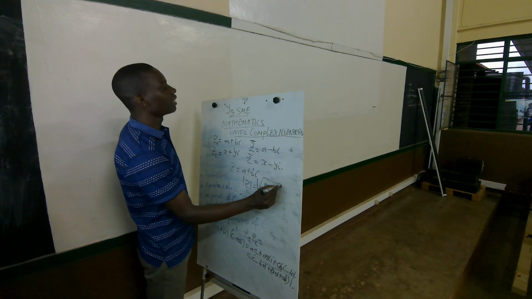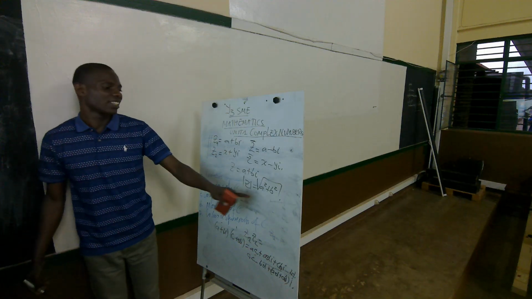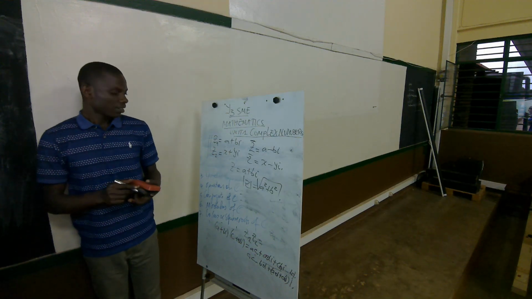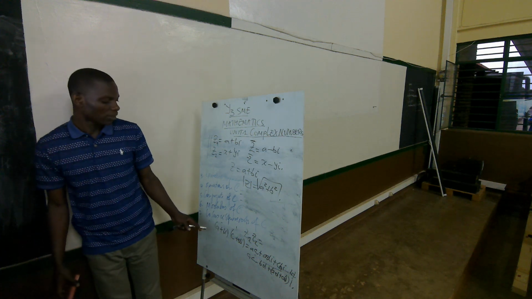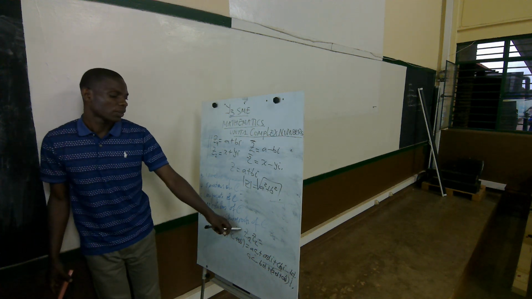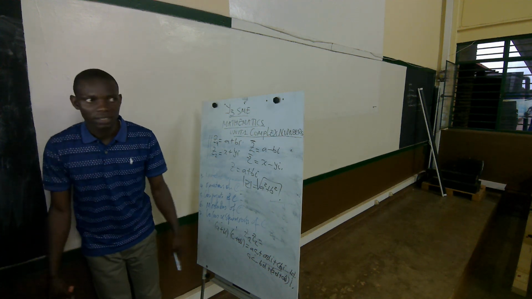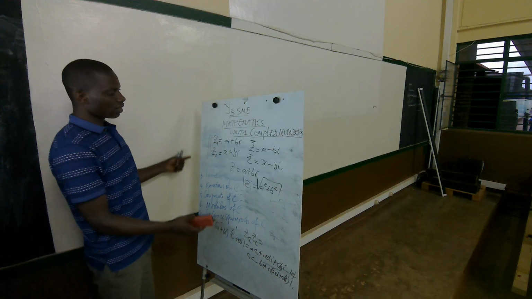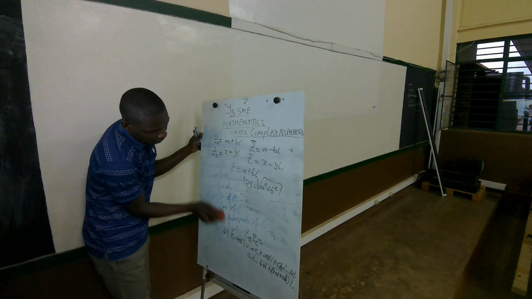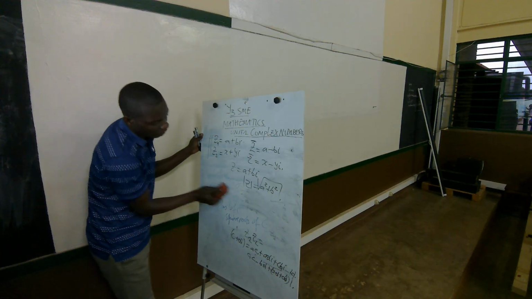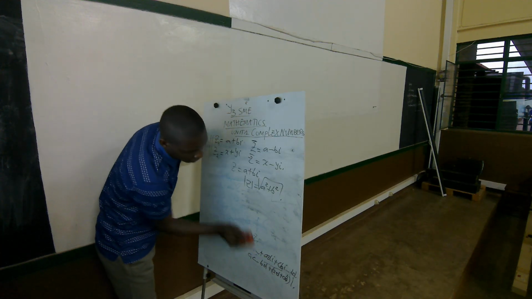So this is its modulus. Then the last ones we have to talk about are the locus and the square root of a complex number. So this is just to remind you about what we have already talked about in our face-to-face classroom.